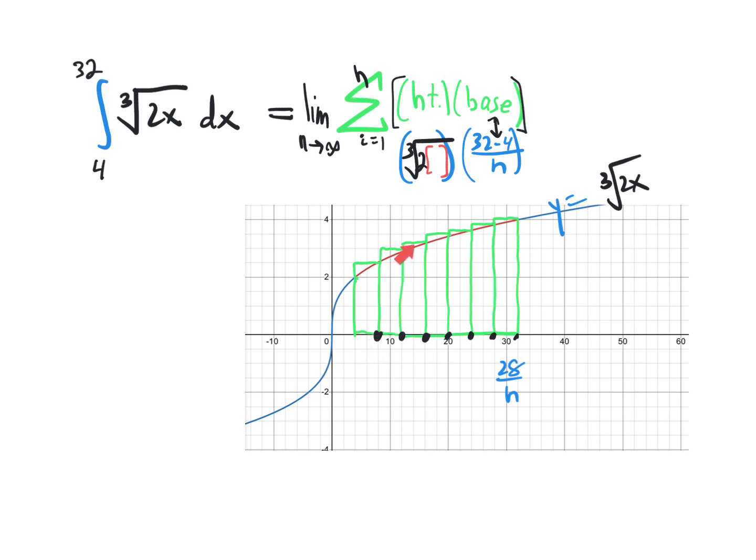To get the height of the third rectangle, when i is 3, it's going to be start value plus the width of the rectangle once, twice, 3 times. That's how we'll get that x value that we'll put in to get the height of rectangle number 3. So the input here has to always be the start value plus the width of the rectangle i times.